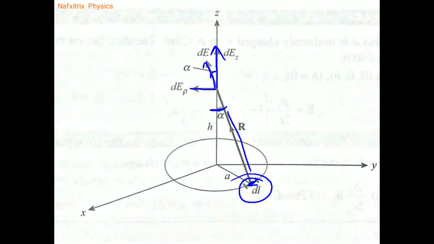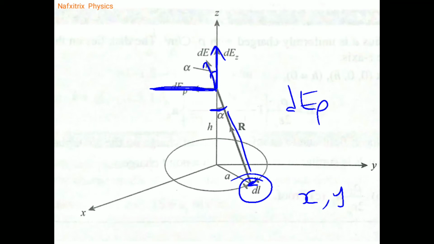This is along the z axis, the electric field component along the z axis. This is along the xy plane. Along the xy plane we have the x coordinate and the y coordinate. Both of them put together, here it is written as dE rho, like that.